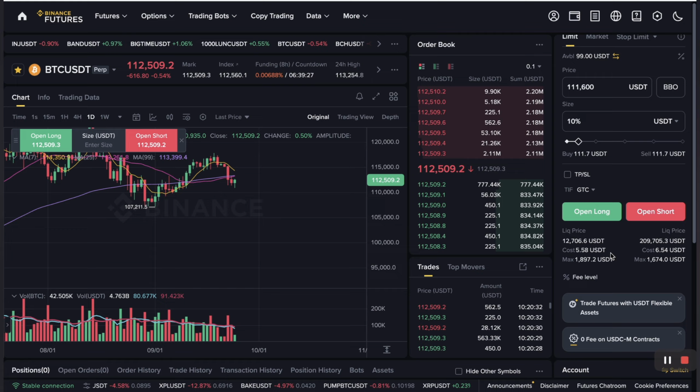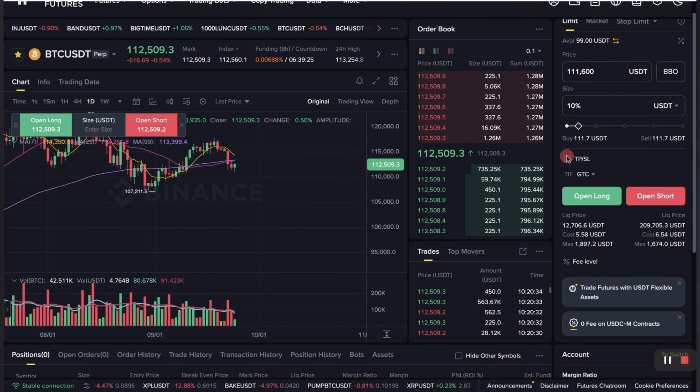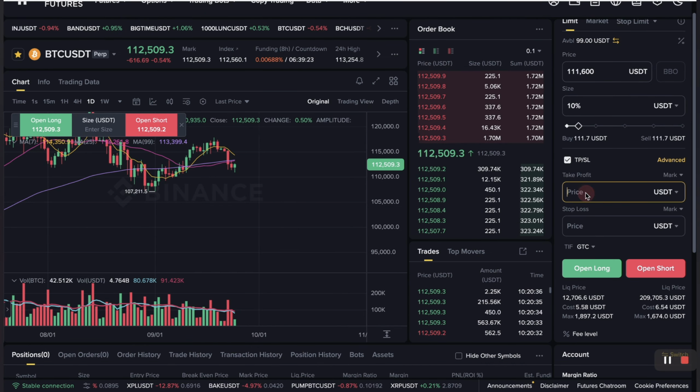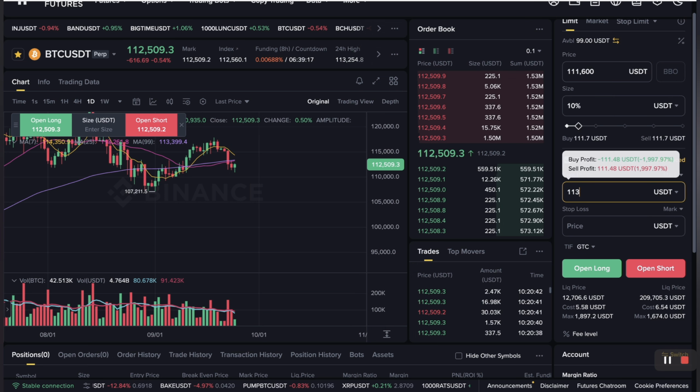Then I can also set my TP. I want to sell at 113,000. You can see I will make just a $1 profit, 1 point something. But let me set my stop loss.